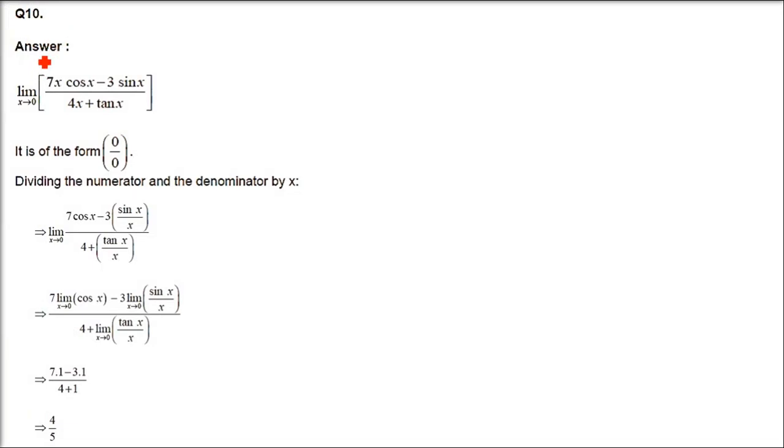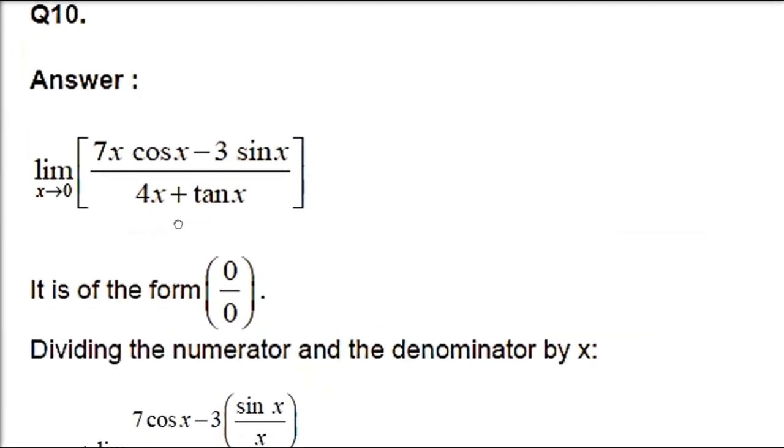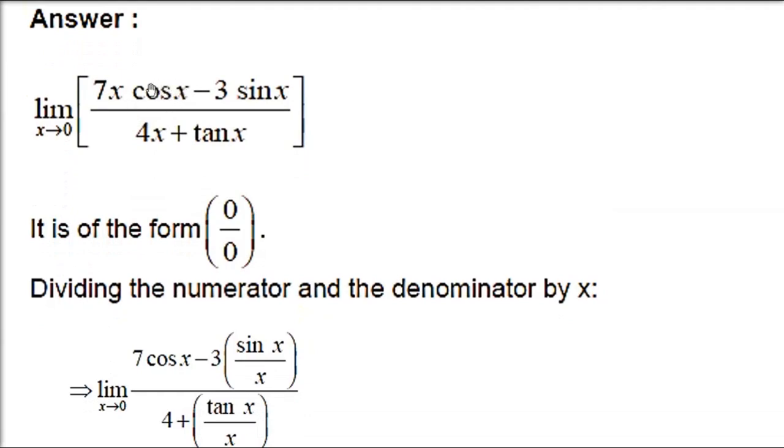Now this is question number 10. Here it's being said, limit x tends to 0, 7x cos x minus 3 sin x by 4x plus 10x. So what are we going to do here? First of all, let us divide it by x, numerator and denominator.